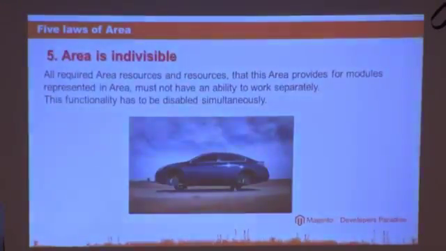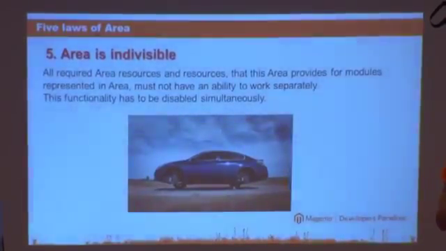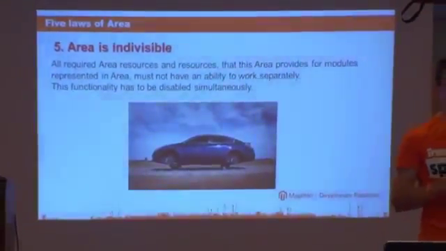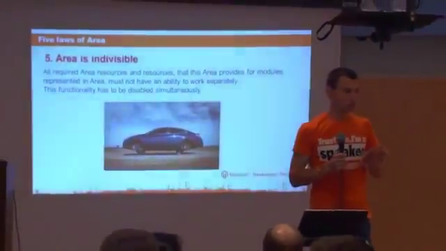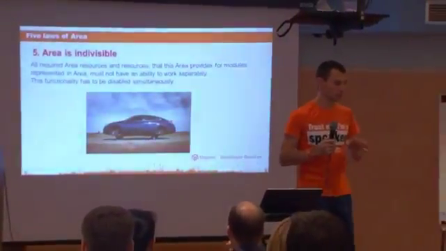And the last one: the area is indivisible. All required area resources and resources that this area provides for modules represented in this area mustn't have an ability to work separately. This functionality has to be disabled simultaneously.